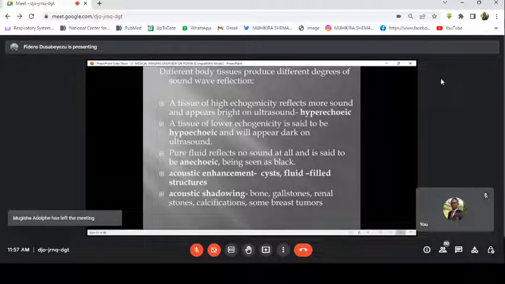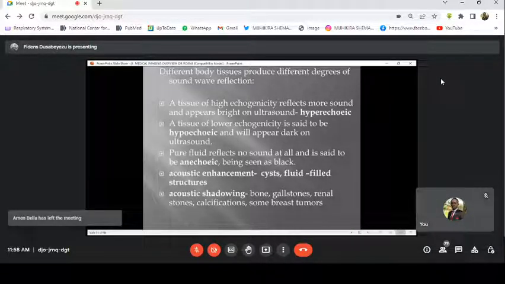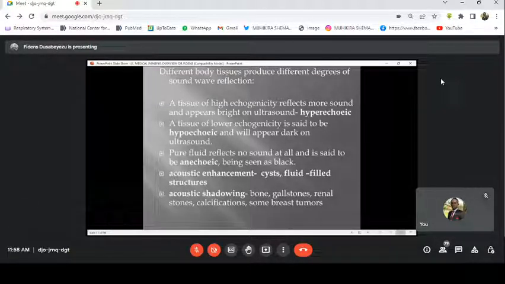Hypoechoic is a tissue which will not reflect more, which will not cause much echoes. It will appear dark on the screen, meaning the sound waves have passed through it and continued going into the body. They didn't come back to my probe so that I can see it on the screen. Fantastic. You have understood.